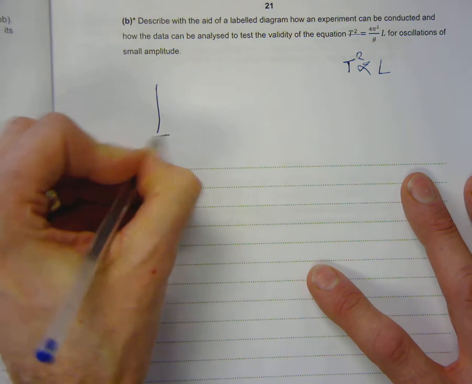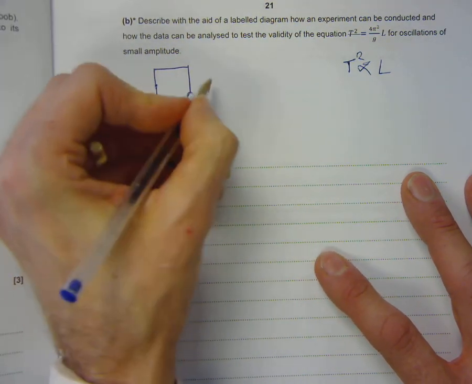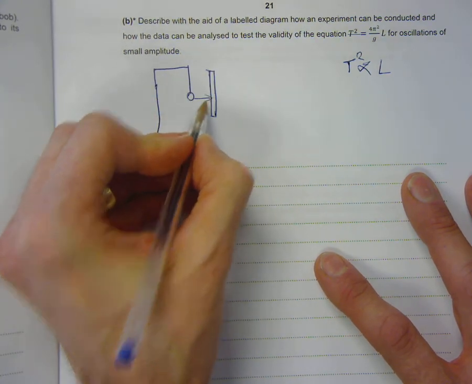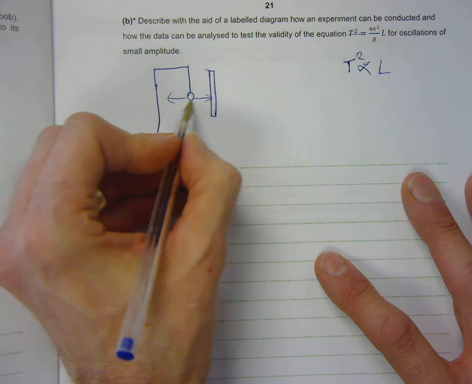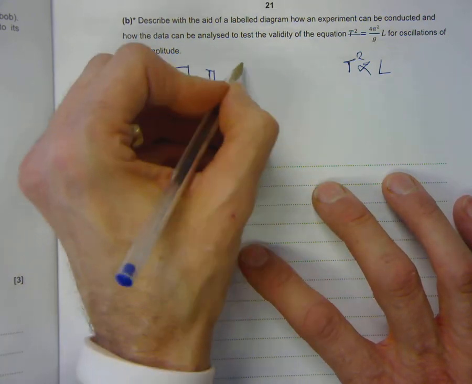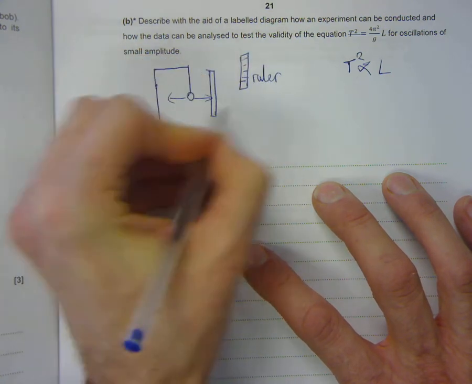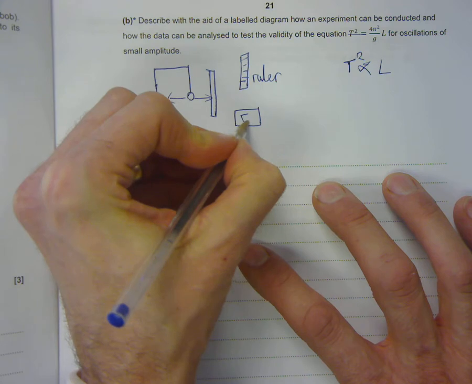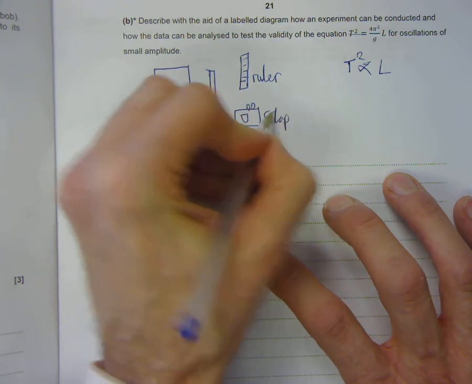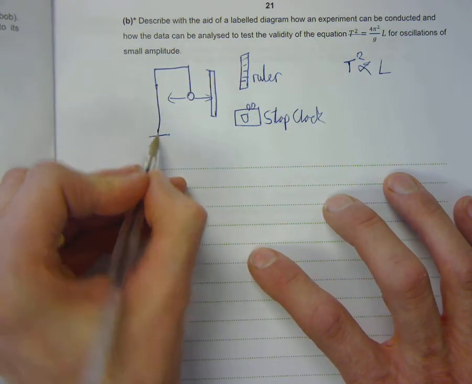Well, a little labelled diagram, make sure you've got a retort stand, some pendulum bob, and some marker line, so you know that you always start with the same amplitude, the maximum displacement. You need some way of measuring the length, so you need a ruler. You need some way of measuring the time, so you need a stop clock. Then just label your pendulum.